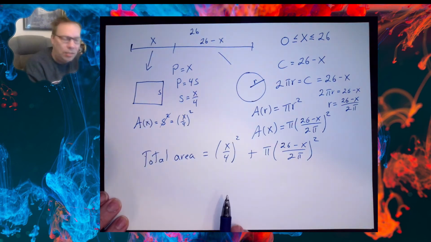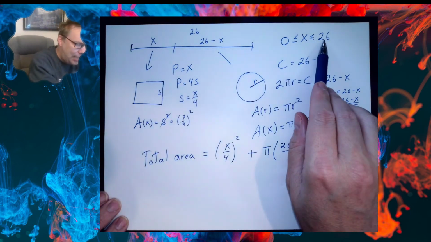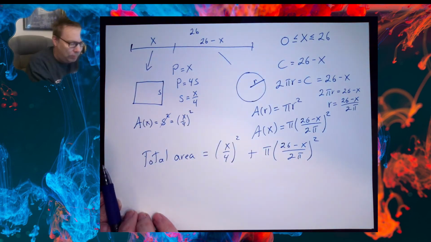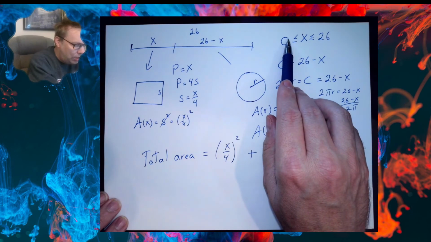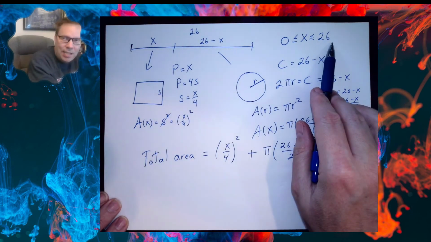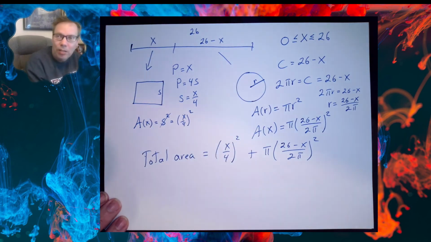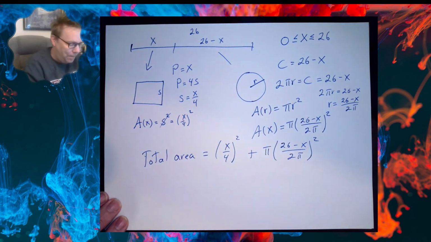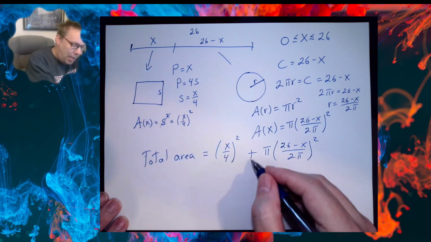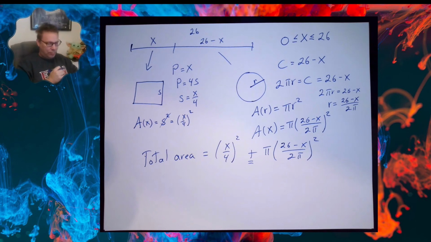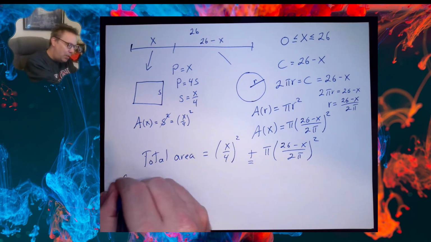None. If x is 26, all the wire goes into the square. So when x is 0, I just create a circle. When x is 26, I just create a square. When x is somewhere between, I create both, but I still can add them together. So this is a closed interval problem.